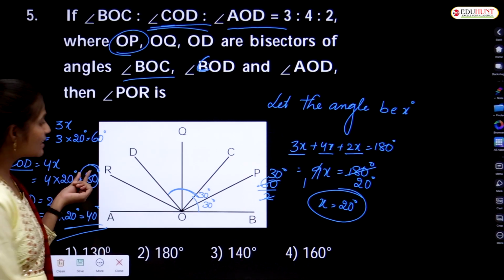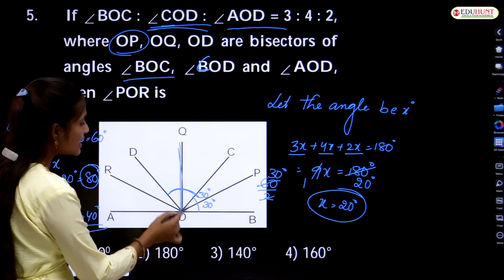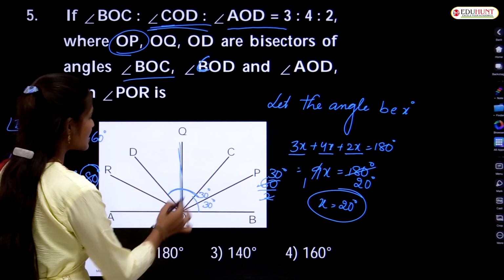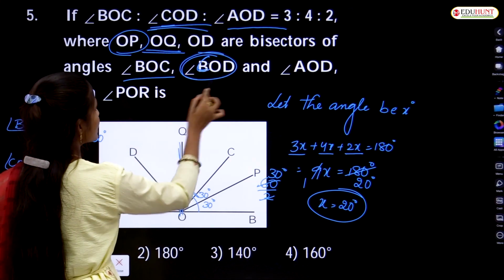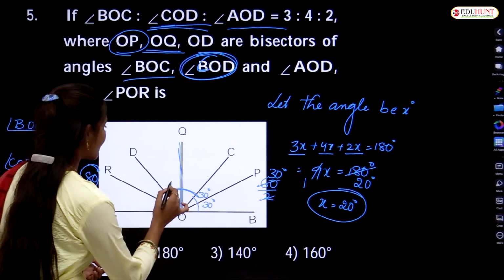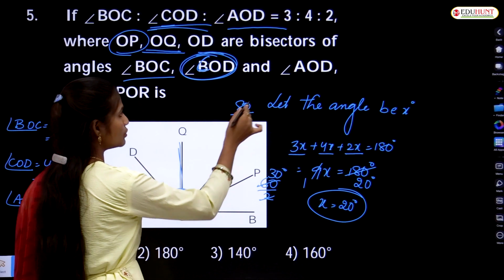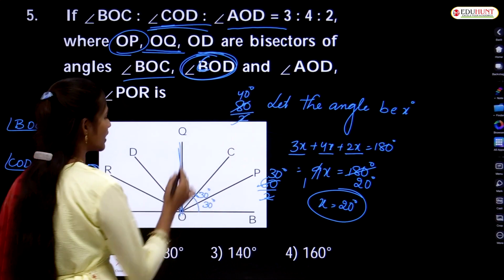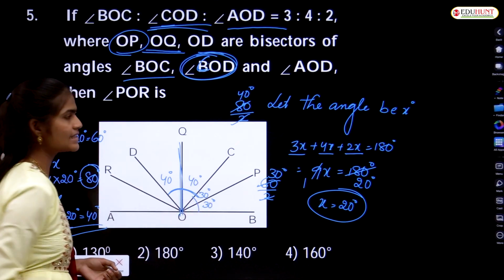That 80 degrees is divided into two equal parts. Why? Because OQ is the angular bisector of angle COD. So 80 by 2 is equal to 40 degrees. So this is 40 degrees and this is 40 degrees.